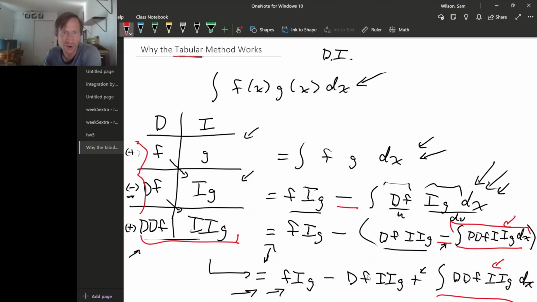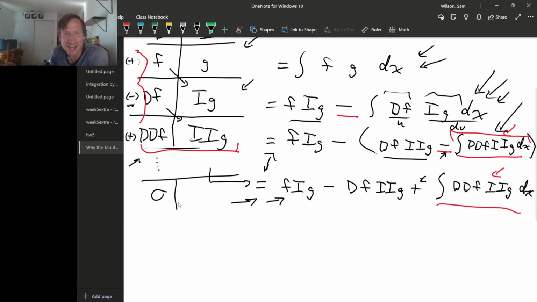Oh, incidentally, one more thing about this is if you have an example of integration by parts where f is a polynomial, eventually when you take enough derivatives, you're going to get a 0 here. And the reason why you don't end up with an integral term in your integration by parts is because, well, really you do end up with an integral term.